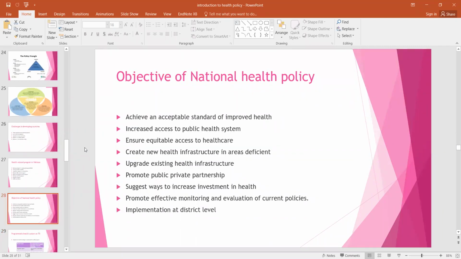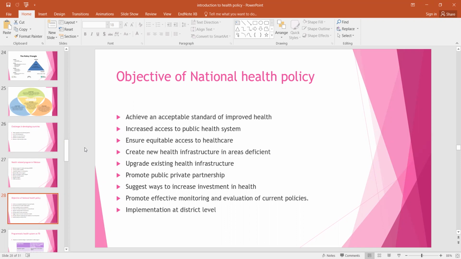If you make a good national policy, then there are different objectives of that national health policy. It achieves an acceptable standard of improved health, increases access to the public health system, ensures equitable access to healthcare, creates new health infrastructure in areas which are deficient, upgrades existing health infrastructure, promotes public-private partnership, suggests ways to increase investment in health, and promotes effective monitoring and evaluation of current policies and implementation of the policies at district level.